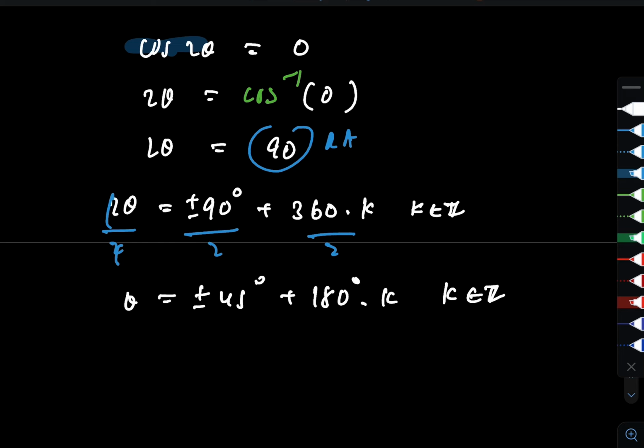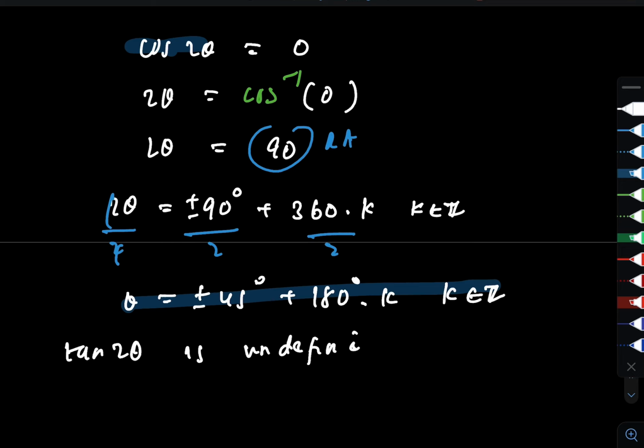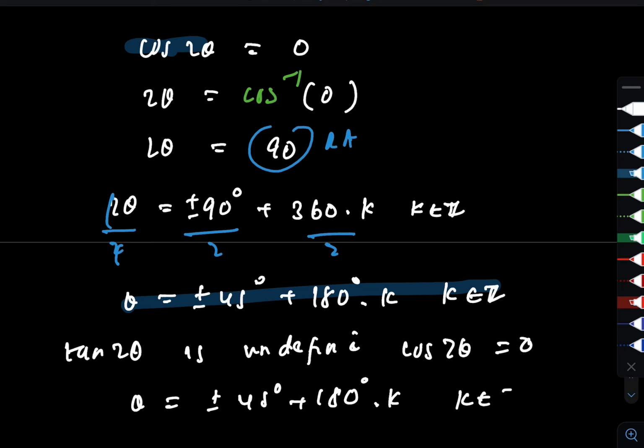So your tangent 2θ, that function that's given to us, is undefined for cosine 2θ equals 0. And that is for θ equals plus or minus 45 degrees plus 180 degrees times k, where k is an element of integers.